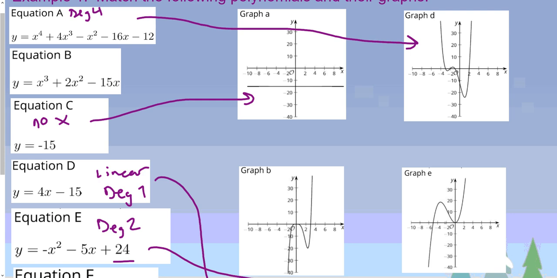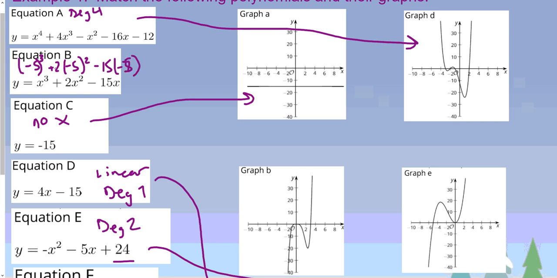What else then? Well, let's find out. This seems to cross at negative 5, maybe roughly? I don't know. Let's give it a try. Can we take equation B and plug negative 5 in? Let's see what happens. You get negative 5 to the third power plus 2 times negative 5 squared minus 15 times negative 5.